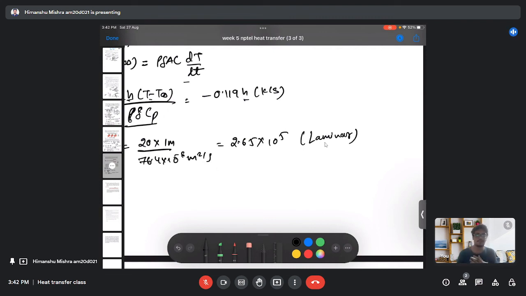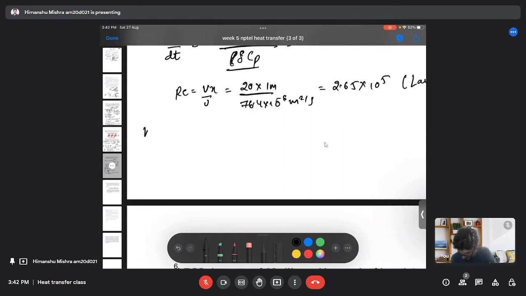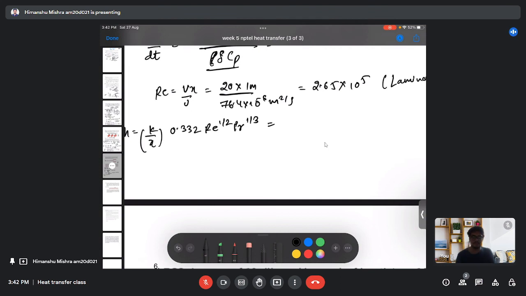So we can use the Nusselt number correlation for laminar flow. On substituting the values, we get the heat transfer coefficient as 8.29.